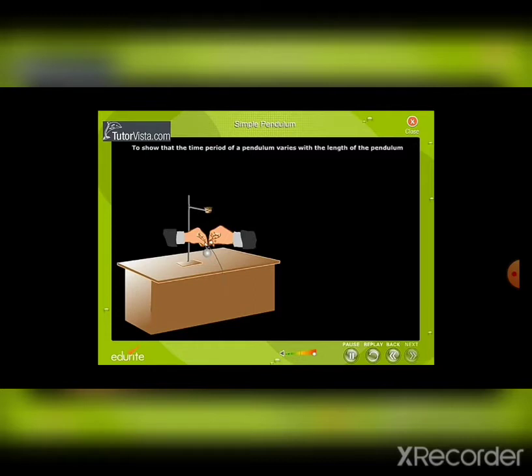To show that the time period of a pendulum varies with the length of the pendulum. That means if you change the length, then the time also changes. For this, we are doing an experiment. Here I am tying the bob with an inextensible string and measuring the length L. Now pull it to one side from the mean position and leave it.